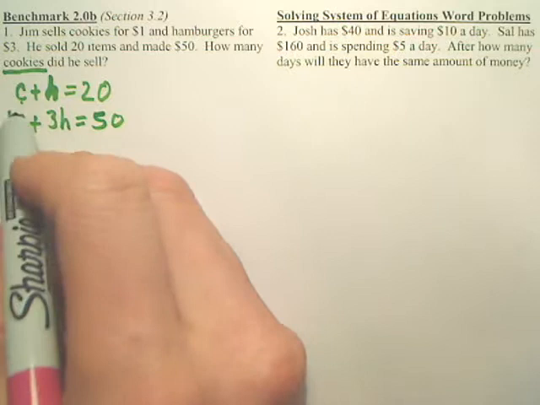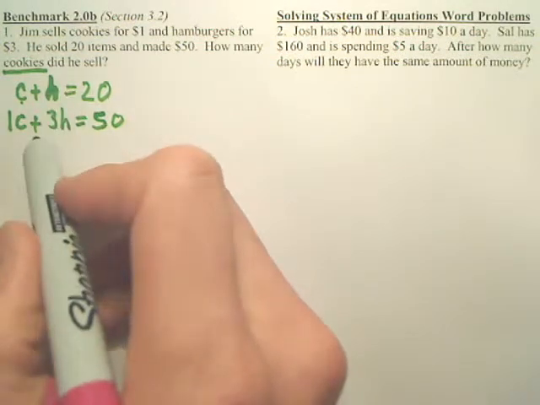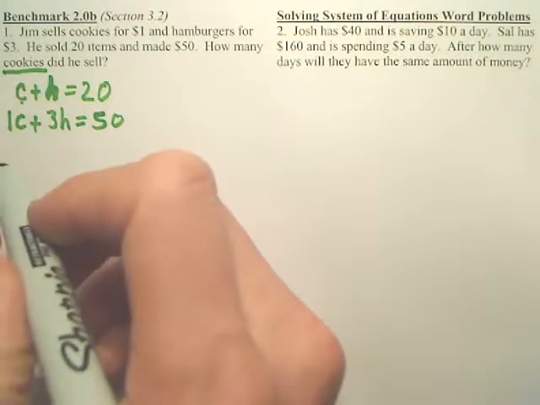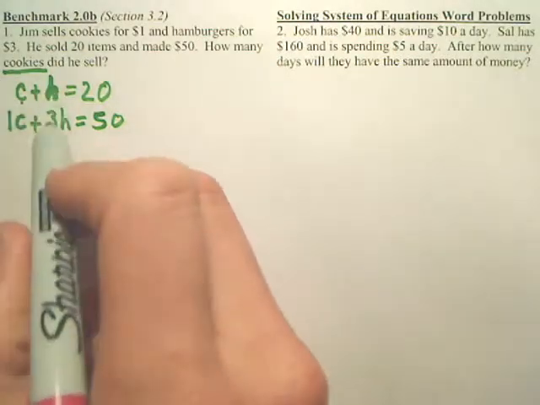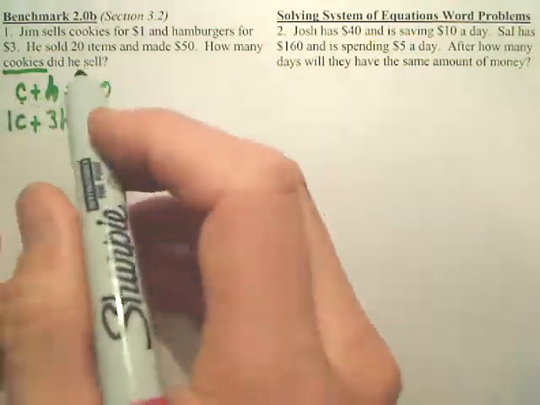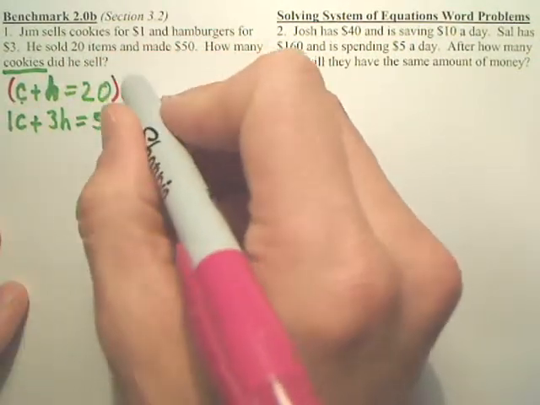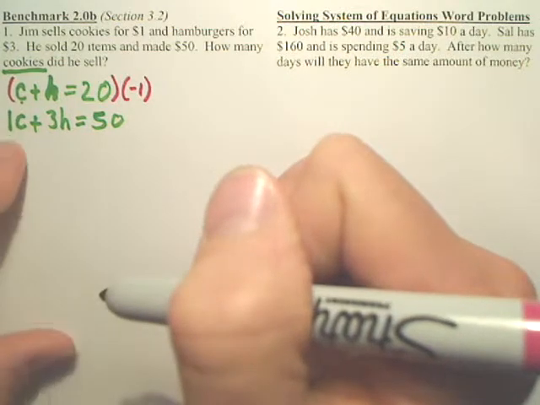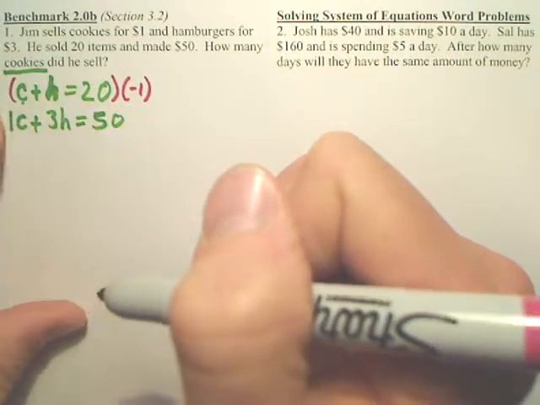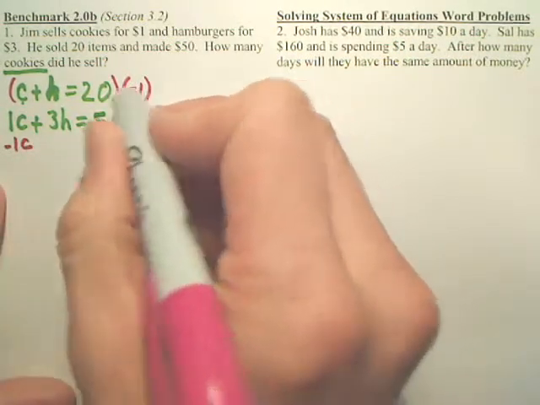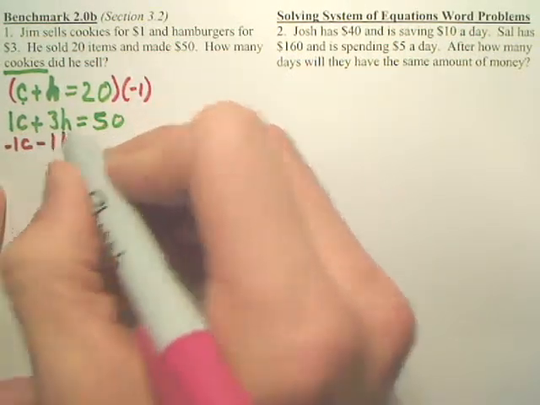Now, in order to find cookies, do we probably want to cancel H? I'm still going to cancel C and then find C afterwards. Is that okay? You could do either cancel H's or C's. I'm just going to cancel the C's first, just because. So I'm going to multiply the top one by -1, because if I want C to cancel with C, I need to make a negative there. So that becomes -1C. That becomes -1H.